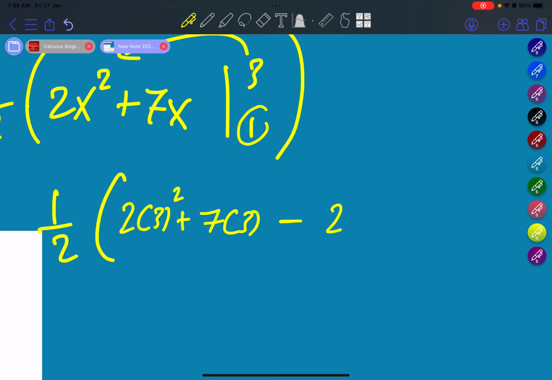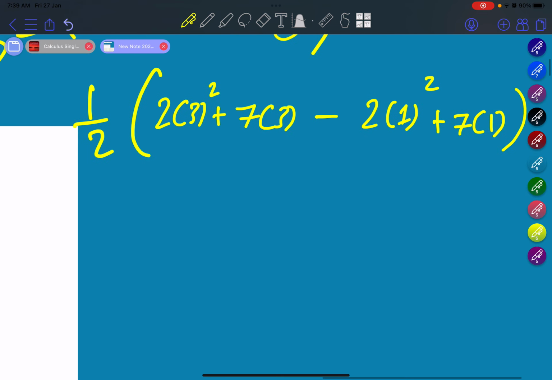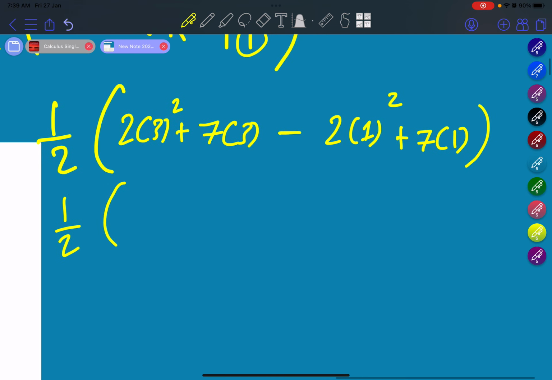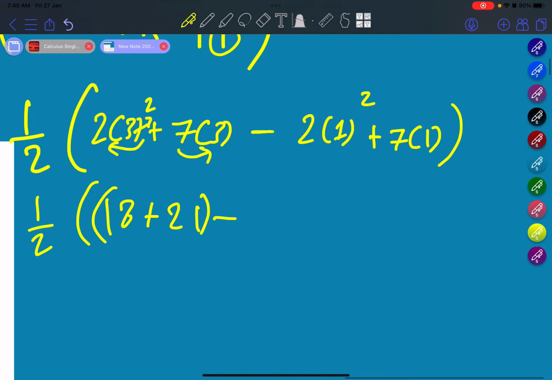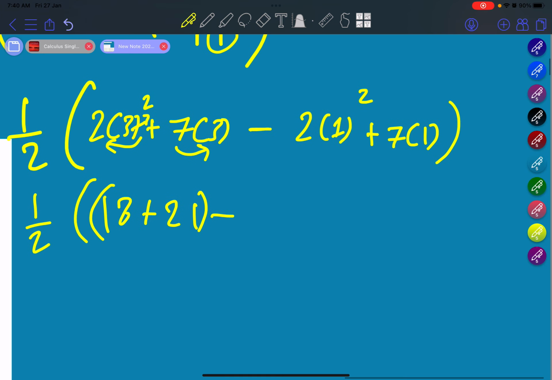It becomes 2 times 1 power 2 plus 7 times 1. This half will be the same, so 3 power 2 is 9 times 2, 18, plus 7 times 3 is 21, minus, let's put this in parentheses, 1 power 2 is 1, times 2 is 2, plus 7 times 1 is 7.